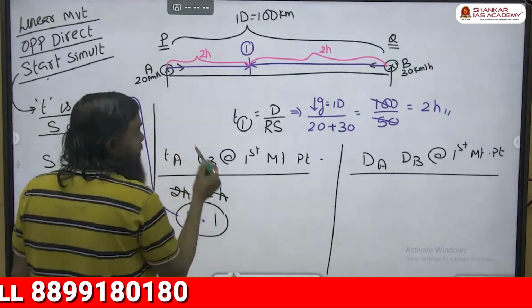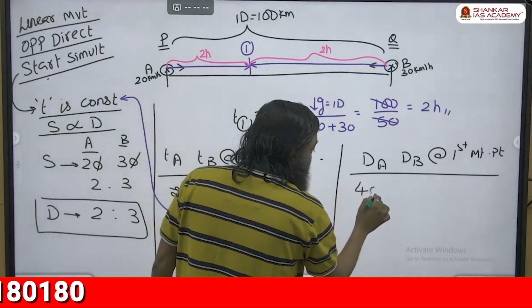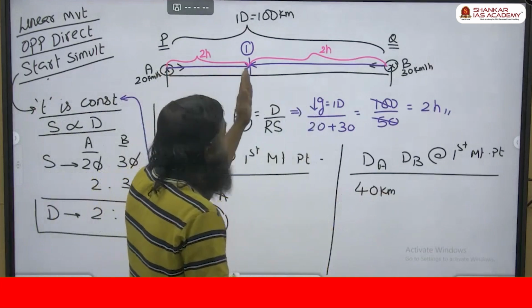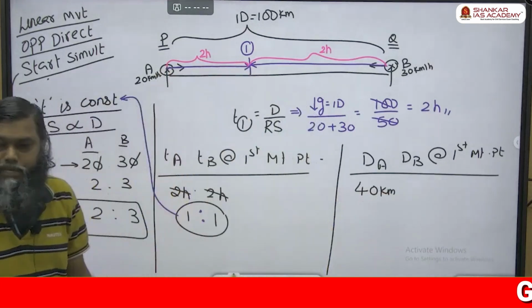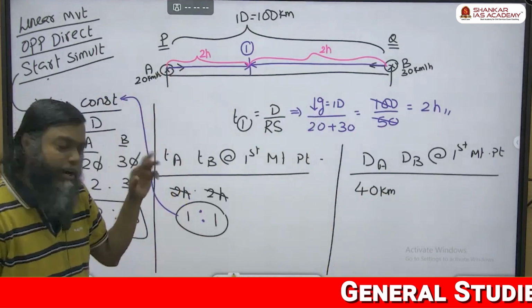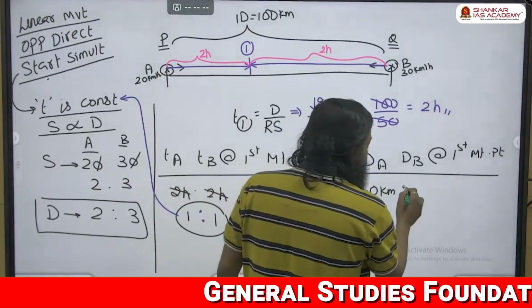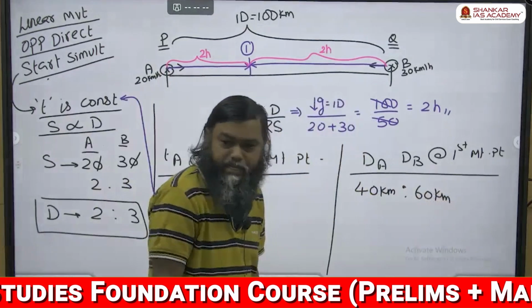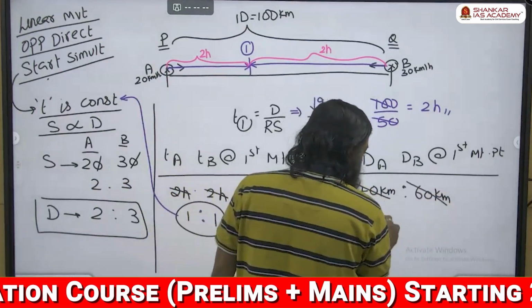So A must travel 40 kilometers from the starting point to reach the first meeting place. What is the speed of B? 1 hour, 30. Journey time to meet? B traveled 60 kilometers to reach the first meeting place. Then cancel; what is the ratio?